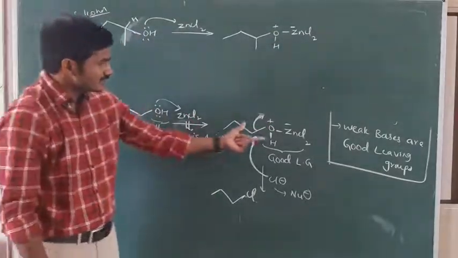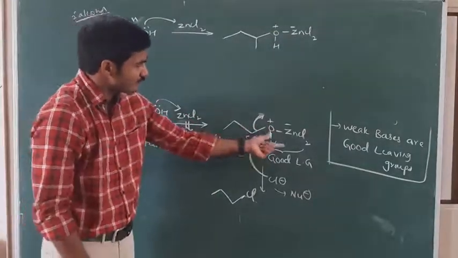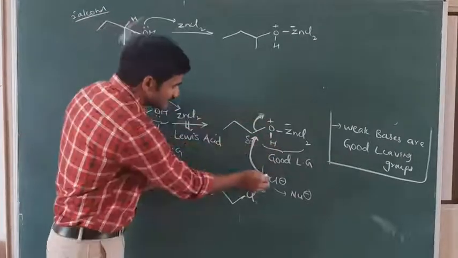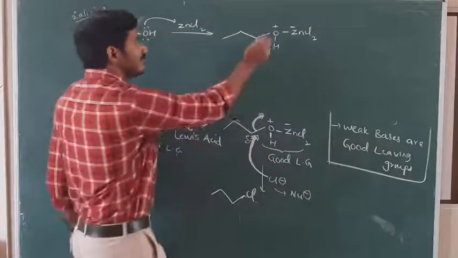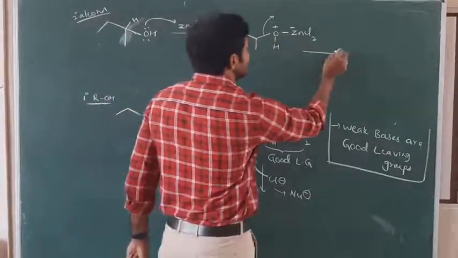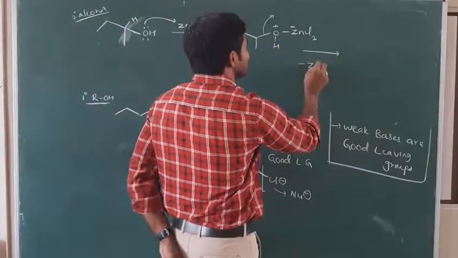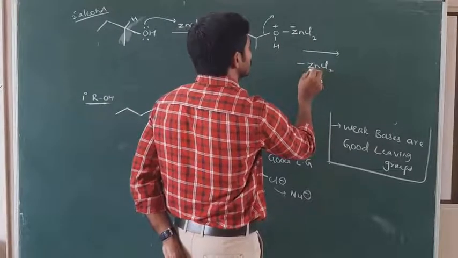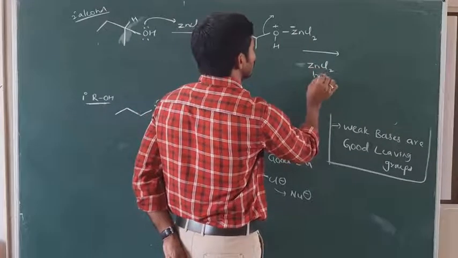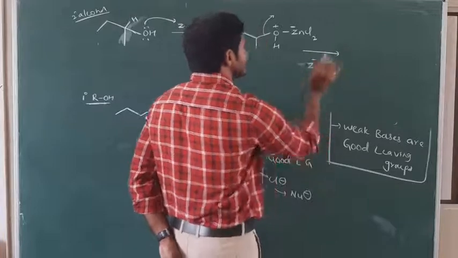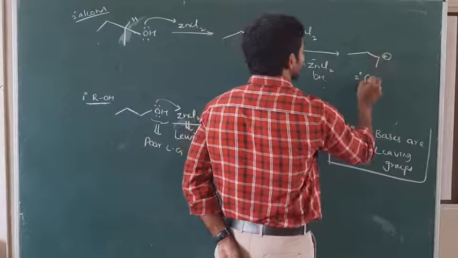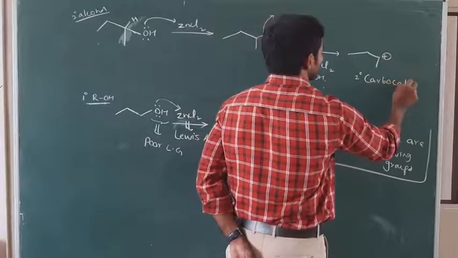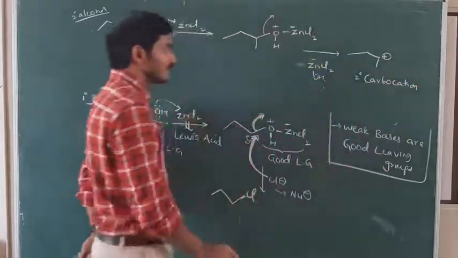Okay. So after this forms, I told you this good leaving group is eliminated as soon as this attack happens. First it has to attack here, then it is eliminated. But here this group, ZnCl2 OH, is directly eliminated, and the intermediate we get here is a secondary carbocation.